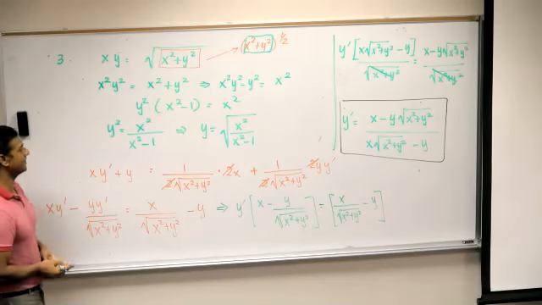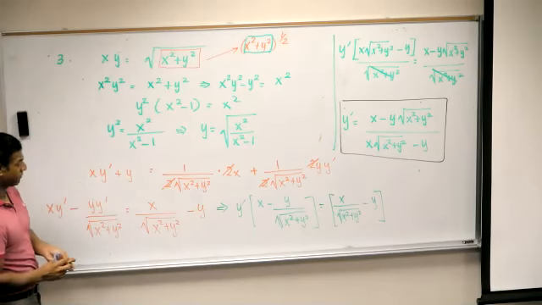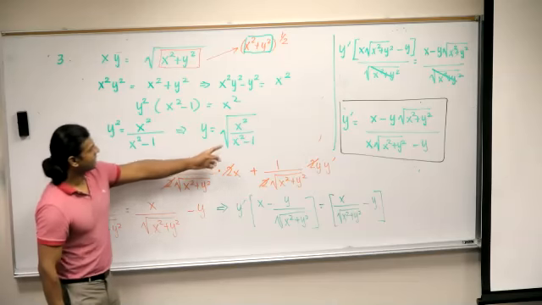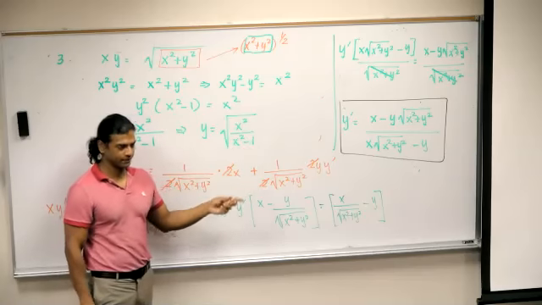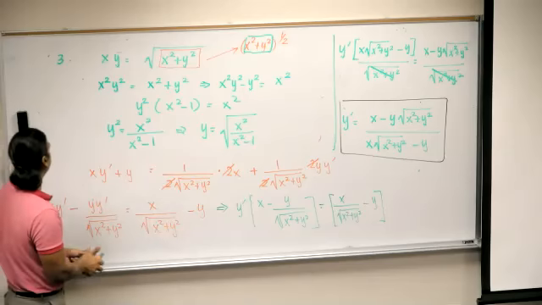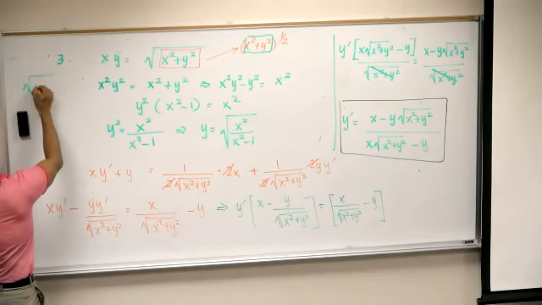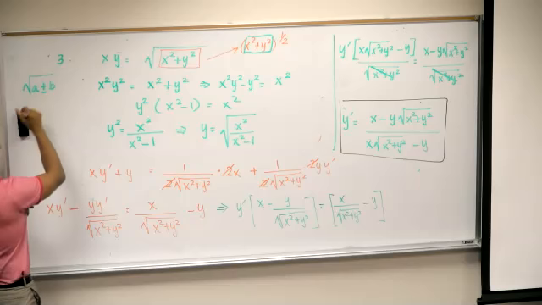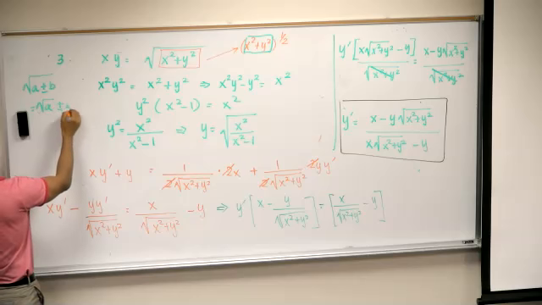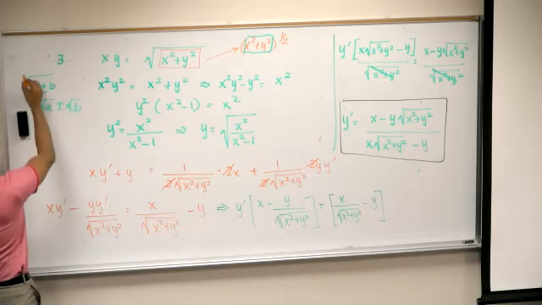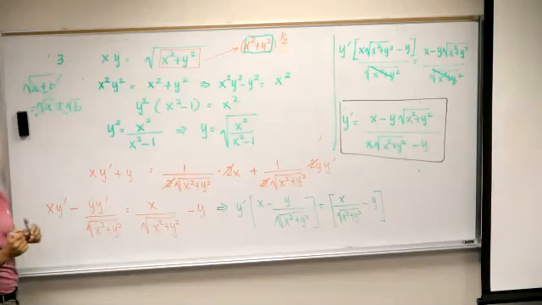The only time when you can split a square root is when you have a division or multiplication of terms. You cannot split a square root. Suppose you have square root of a plus or minus b. You can't write it as square root of a plus or minus square root of b. Make note of that.